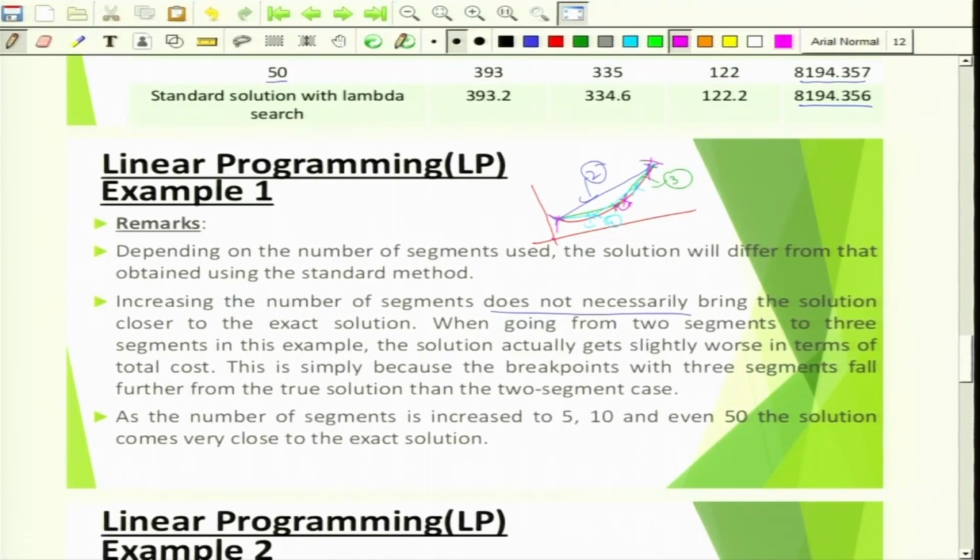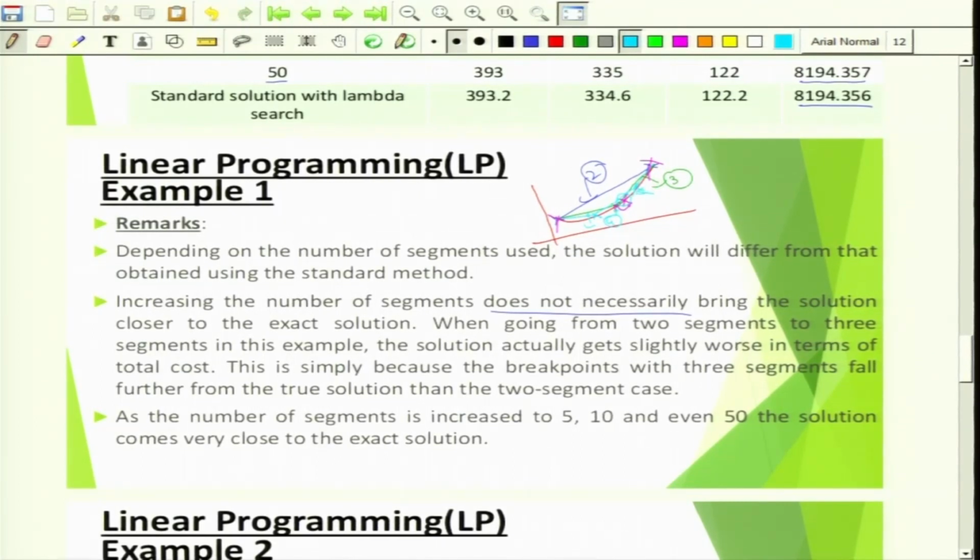far away. Whereas in the case of three segments, or four intersecting points, you see this solution may be a little far away from the solution that you get, either this solution or this solution point.